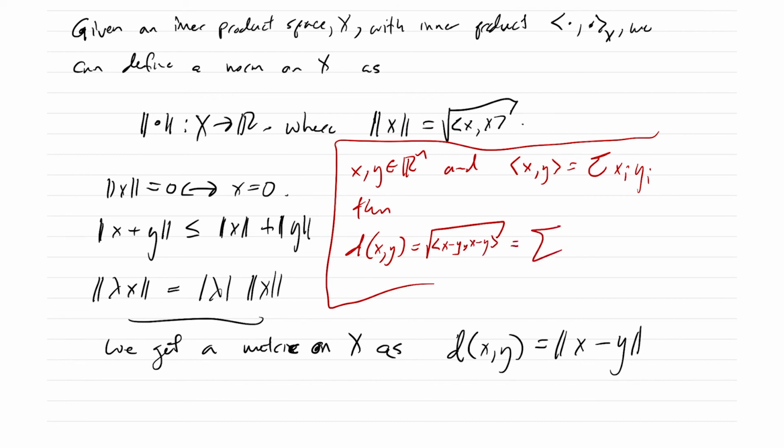This is a sum of i going from 1 to n of (xi minus yi) squared, right? And the square root of that. So we see that it just boils down to regular Euclidean distance in the case of Rn. And so the idea is that this inner product should sort of be like Euclidean space, but ultimately we're aiming for things that are, say, infinite dimensional.